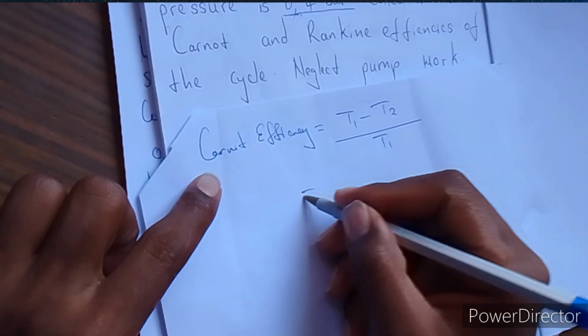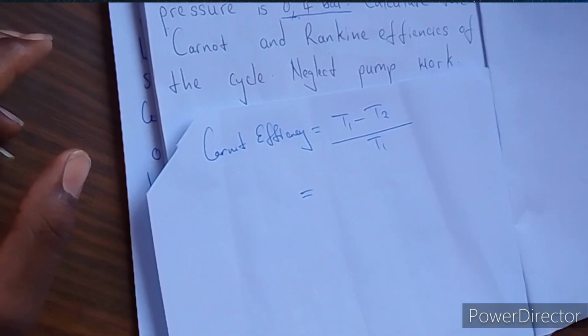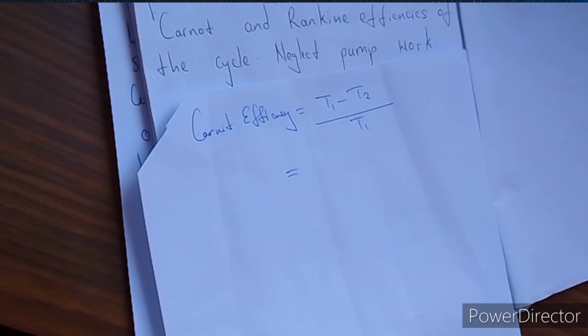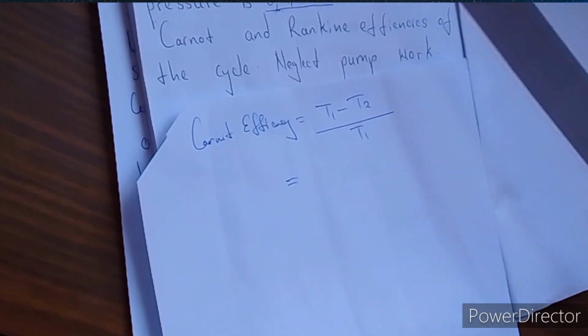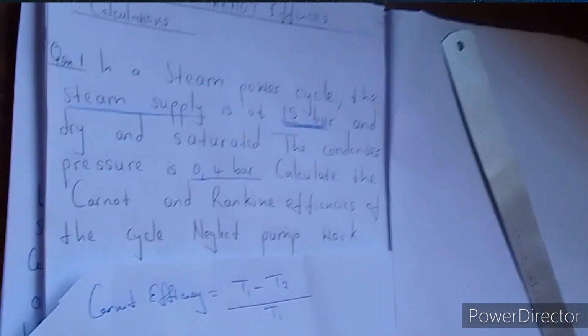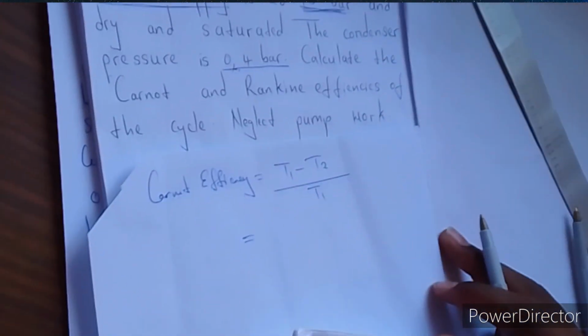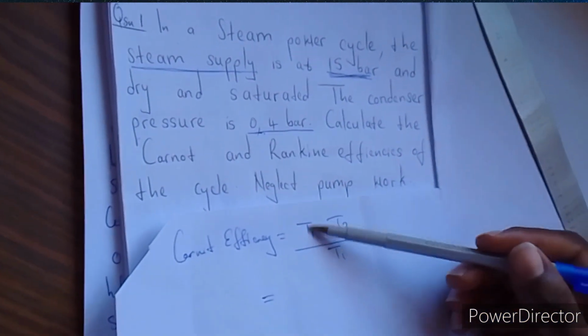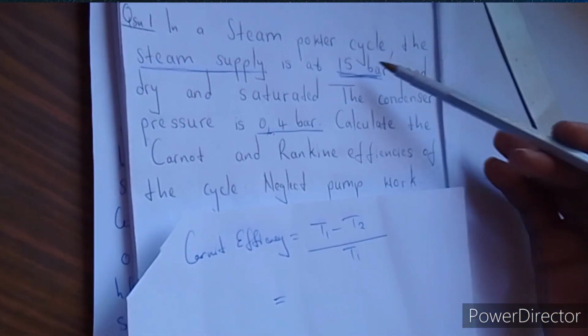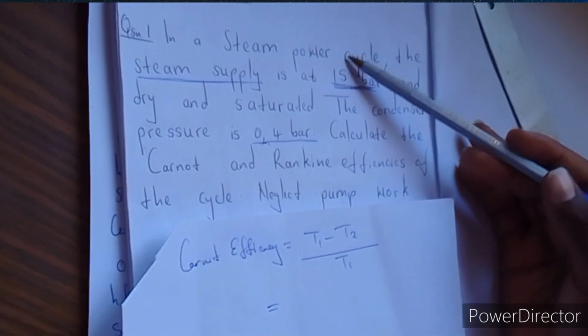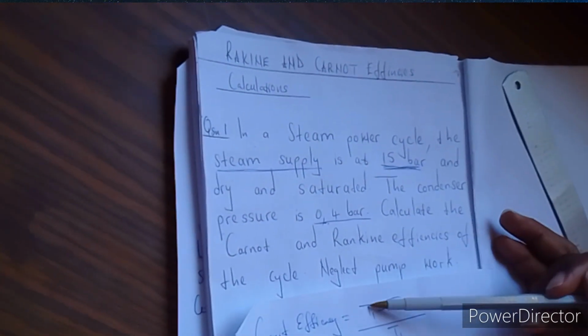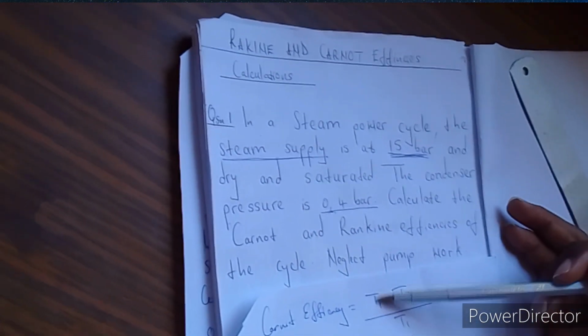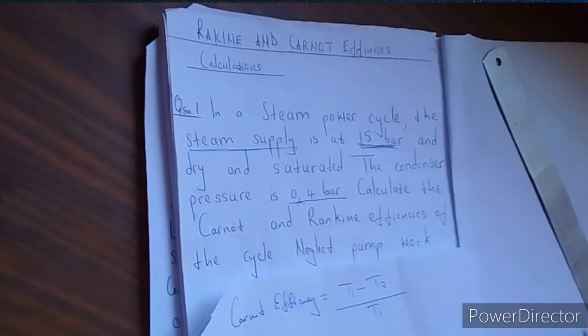Meaning to say here we have to take our steam table, and we know that pressure 1 is 1500 kilopascals, and pressure 2 is 40 kilopascals. For you to be able to find T1, you have to go to pressure 1. This pressure 1 is going to help us get this temperature 1 here.